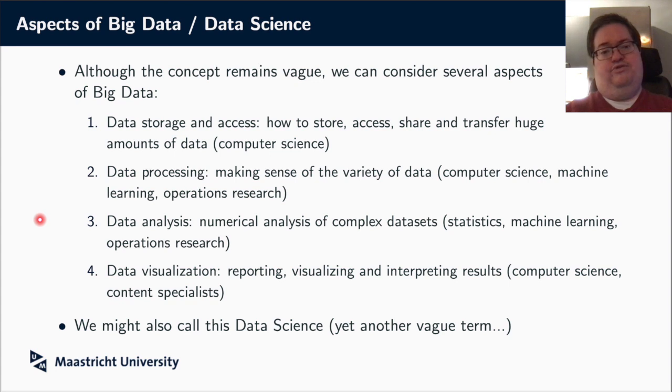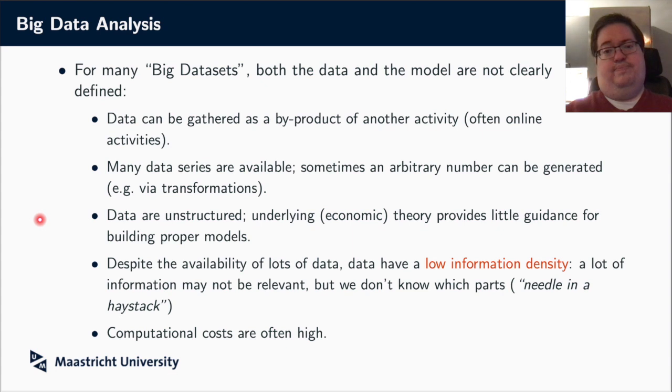Now, if you look at this scheme of 4 steps, you would often see this described as data science. So, of course, this is another vague term, but it refers to all the things we do in analyzing data. So the red part is what we will be focusing on in this course.